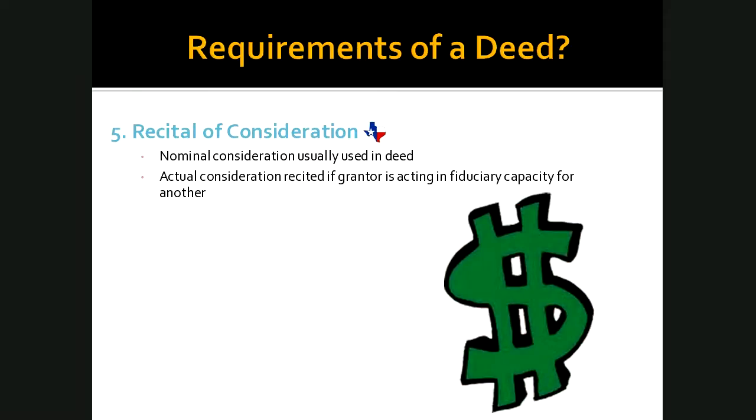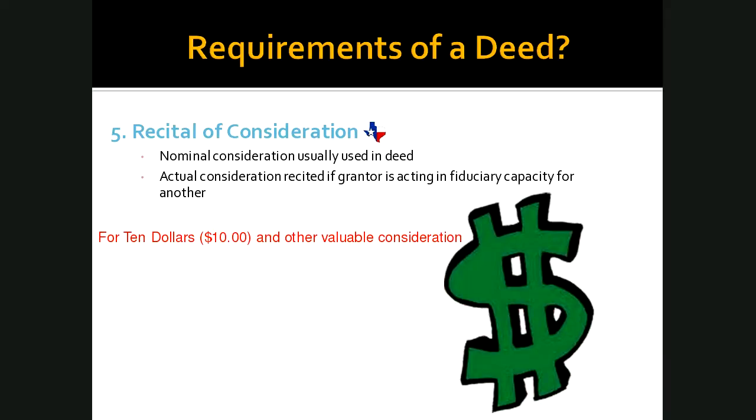Next, you need a recital of consideration. So this just means something of value has been exchanged, right? Mostly you'll see something that says for $10 and other valuable consideration. That's nominal.